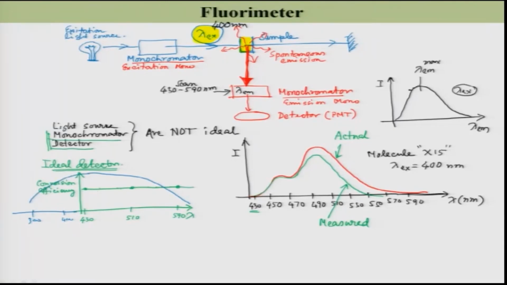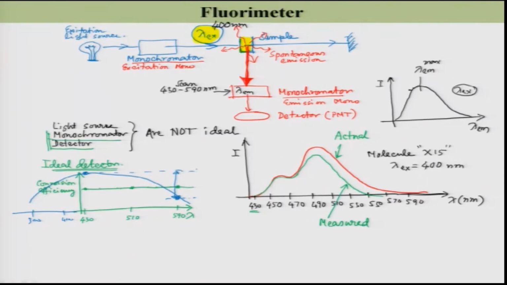It means that when the light of 430 nanometer falls upon the photocathode of this PMT detector, the conversion efficiency is more than when a 590 nanometer light falls on this photocathode. So, the efficiency is different, the difference is this much. The efficiency itself is different.